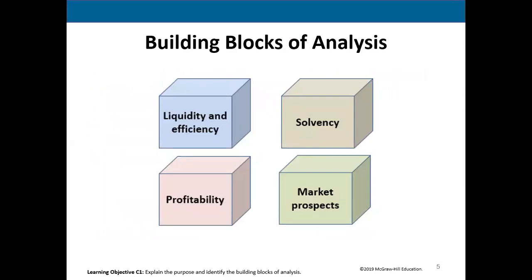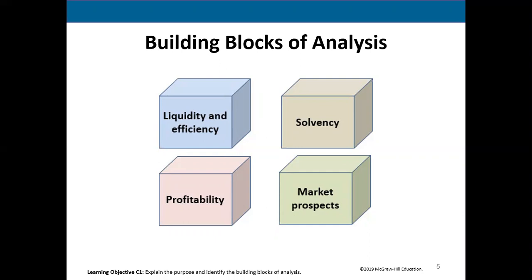So the building blocks of analysis, what are the key things that we want to check or look at when it comes to analysis? We want to see how liquid the company is. How well can they pay current liabilities? And how efficient are they? How well do they manage the assets of the company? We're going to focus on 2 major assets when we're testing that efficiency. Solvency.